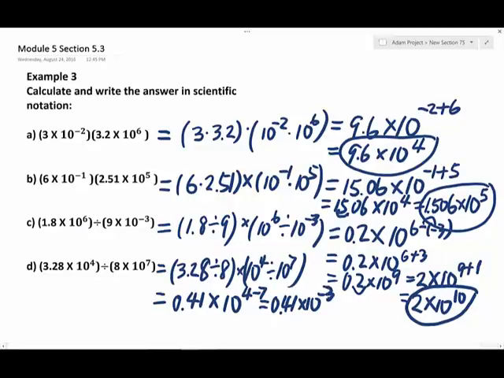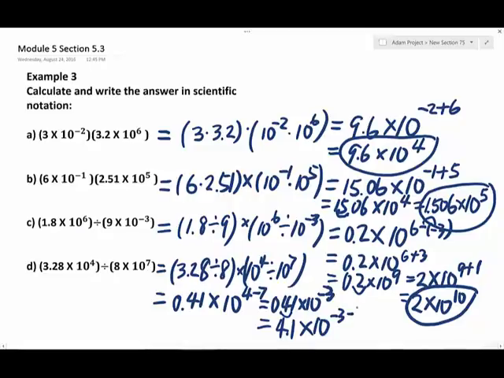However, it's not the final answer yet, because 0.41 is smaller than 1, which does not satisfy the requirements of scientific notation. So we have to move the decimal point 1 unit to the right, making it 4.1. Now 4.1 is between 1 and 10. And since we increased the number 10 times from 0.41 to 4.1, now we have to decrease the exponent 10 times, right?